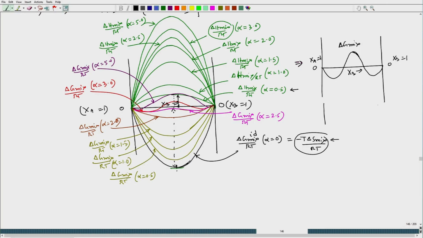But those two questions, what the stability of the solution will be, as well as why, even at a very high value of delta Hmix, the curve still does not take a shape like this. This curve will never be like this. This is delta Gmix, let us say, a plot.